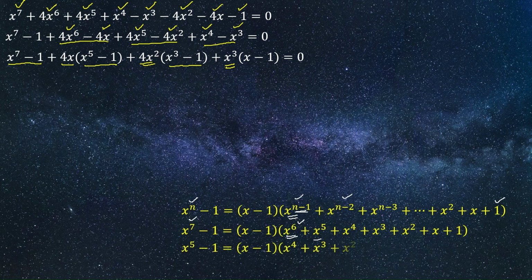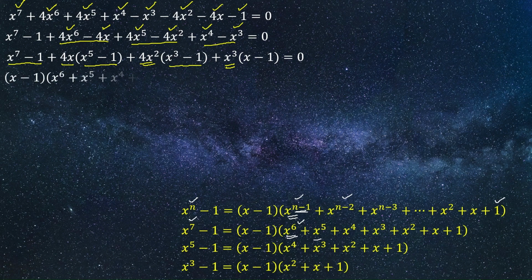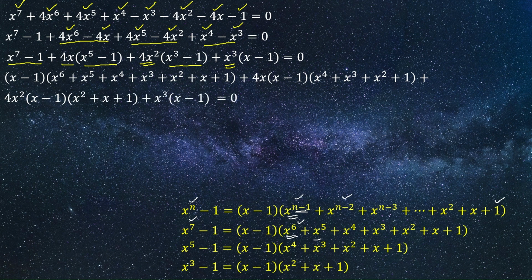Similarly, x^5 - 1 can be factorized in this manner, and x^3 - 1 can be factorized like this. We shall use these formulas in the above equation and write it as. Here x^7 - 1, x^5 - 1, x^3 - 1 have been replaced by their expanded forms.